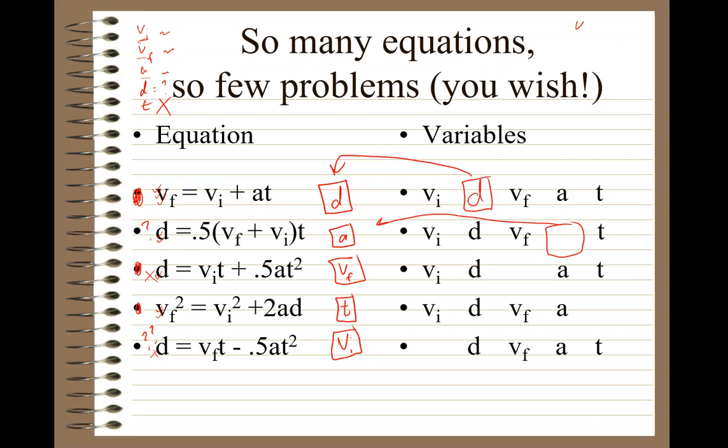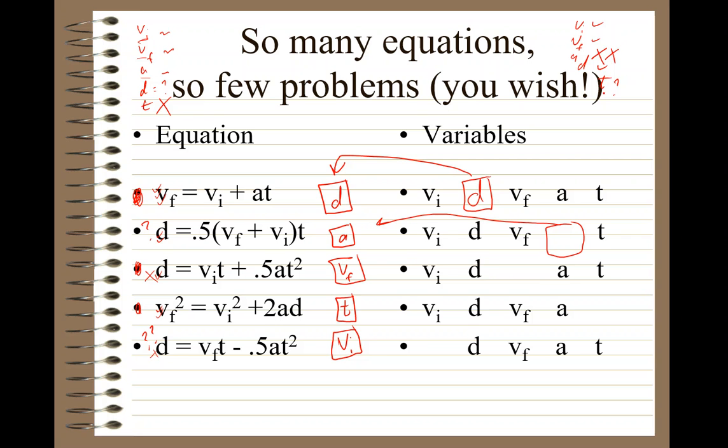Let's try a different one. Let's see. So I have initial velocity, final velocity, acceleration, displacement. Oh, I ran out of space. And time. So let's say I'm given initial velocity, final velocity. I'm not given acceleration, nor do I care about acceleration. I'm given displacement, and I'm asked for time. If I don't care about acceleration, which equation will I use?